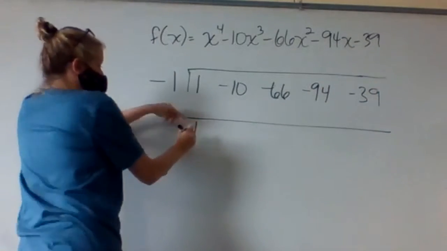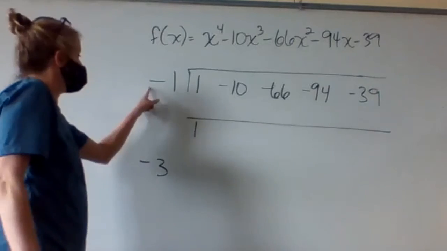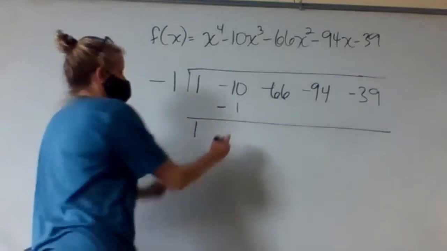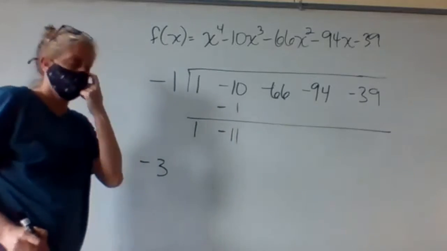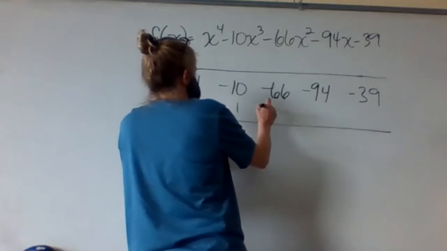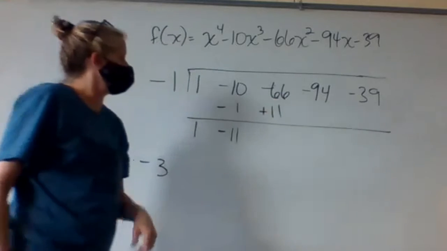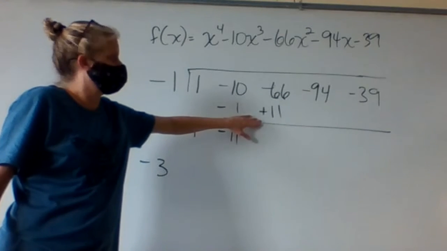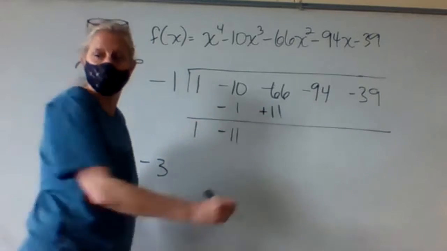Drop down your 1. -1 times 1 is -1. Go straight down. That gives you -11. -1 times -11 is +11. What's that going to give me? -55.